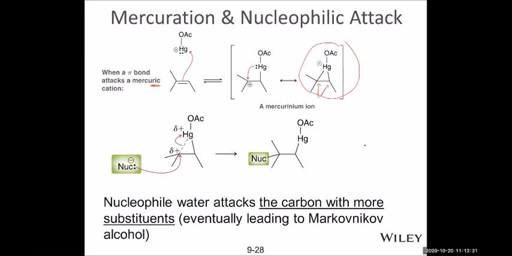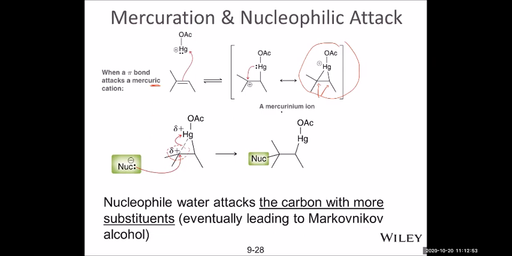To explain the final Markovnikov product, the nucleophile must attack the carbon with more carbons, because the positive charge is slightly better stabilized on this carbon. This one is slightly better at stabilizing the positive charge. That is why the nucleophile attacks this carbon.